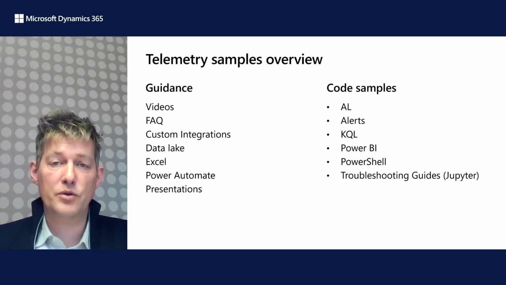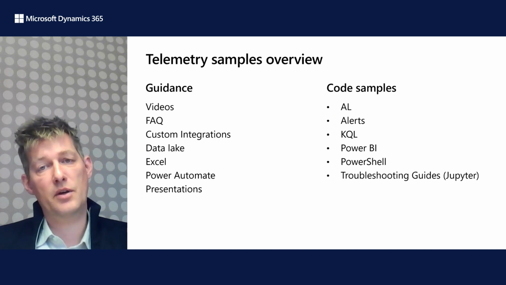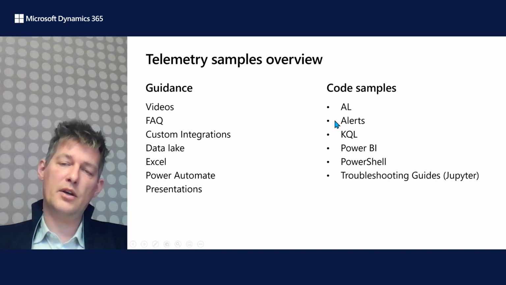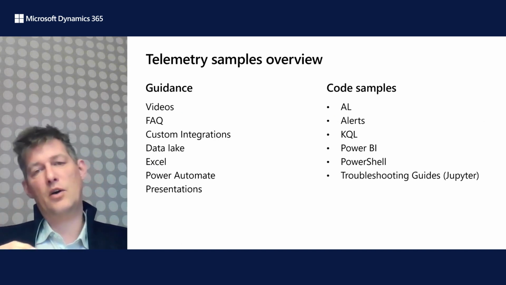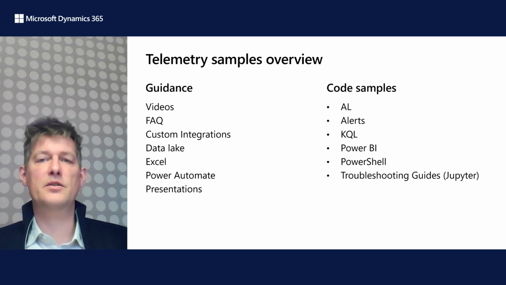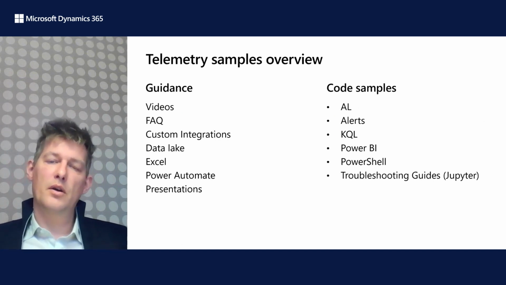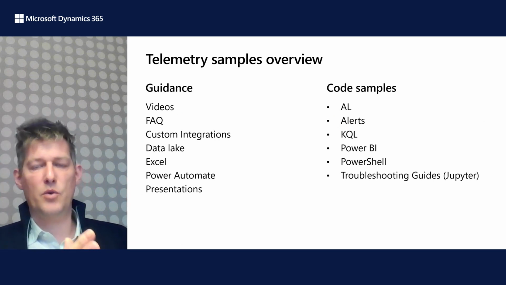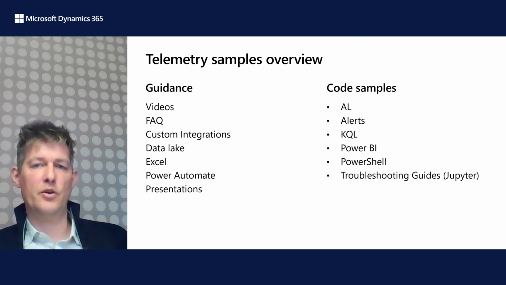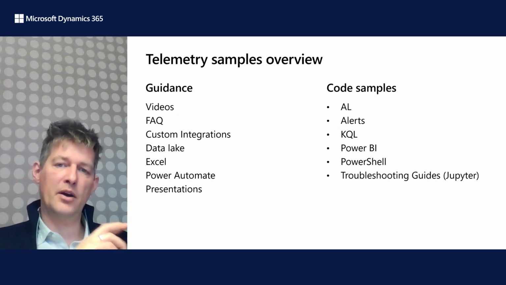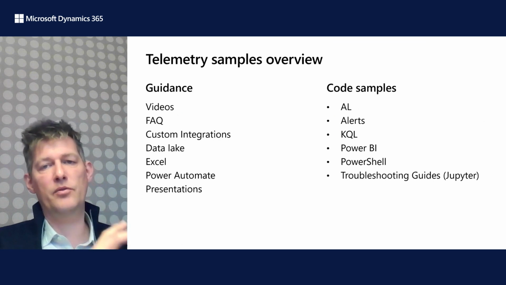Then for code samples, under AL, you will find the guidance on how to use feature telemetry and the feature telemetry report. Under alerts, very important, this is where you get code samples and examples of how to set up an alert and send a notification to a different channel. So it's broken down into: you set up a condition or signal you want to alert on. It could be, every 10 minutes or every hour, I want to check whether any of my environments are available for update.